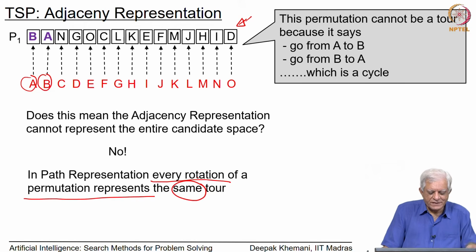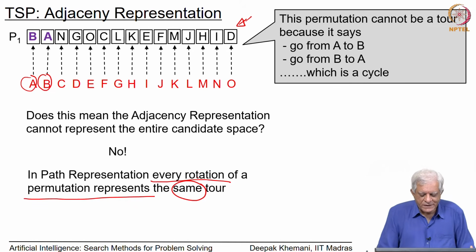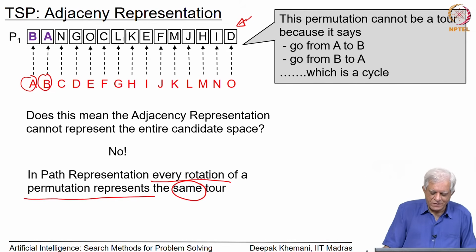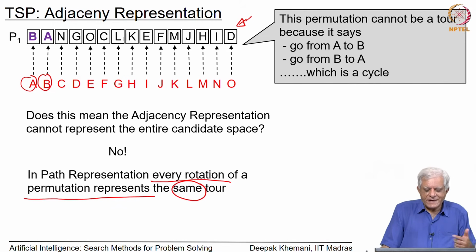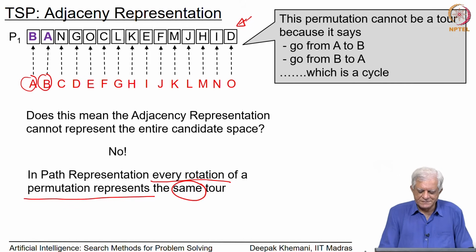The first city in the adjacency representation is the city you go to from city A, the second city is the city you go to from city B. So, if you rotate that permutation, you would get a different tour. In that sense, the adjacency representation has a unique representation for every tour, whereas in the path representation you can rotate the permutation and still get the same tour.